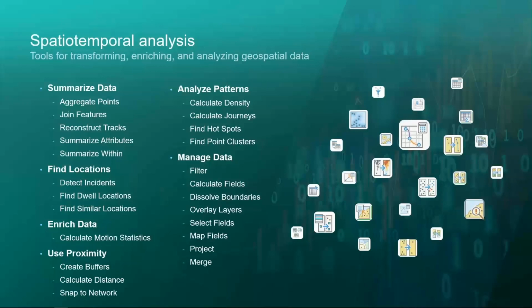But the toolset in ArcGIS Velocity also includes concepts from GeoEvent Server that focus on tracking and movement analysis, like calculating motion statistics, summarizing journey and trip information. So for example, separating moving entity data from where they stayed still versus where they were continuously moving, snapping data tracks to a road network, and so on.